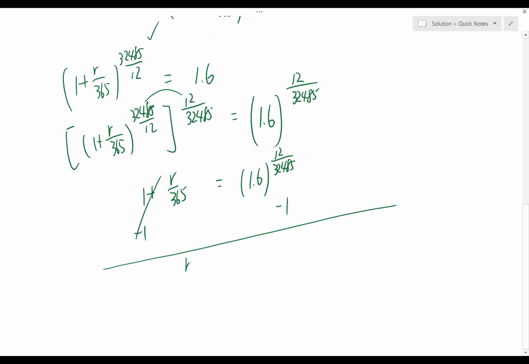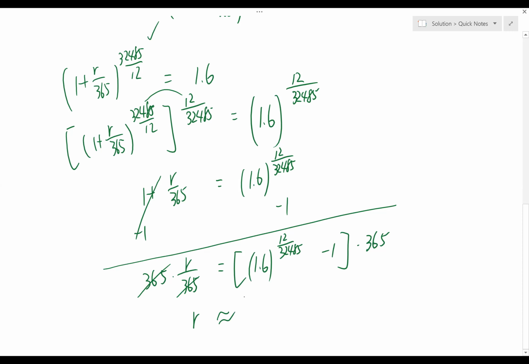We get r over 365 equal to 1.6 raised to 12 over 32,485 minus 1. Then to get rid of the denominator, you multiply by 365 on both sides of the equation. We cancel the number, and r is by itself. So now r is equal to this.